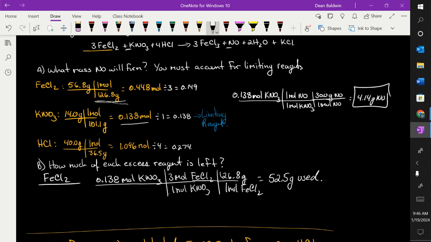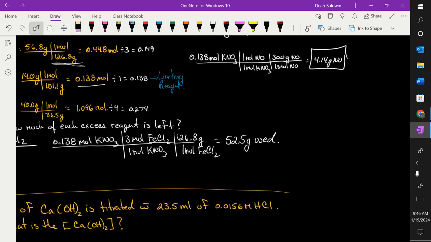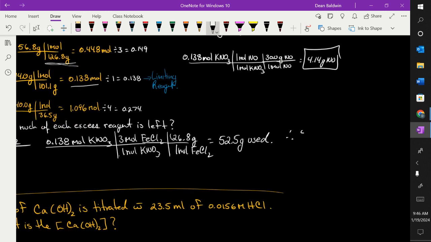So if I want to know how much is left over, we started with 56.8. We're left with 52.5. You just subtract them. Therefore, 56.8 minus 52.5 is equal to 4.3 grams. That's the amount of iron 2 chloride left in the beaker or whatever.